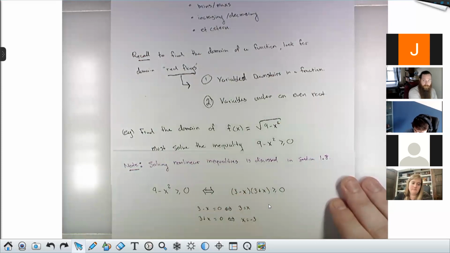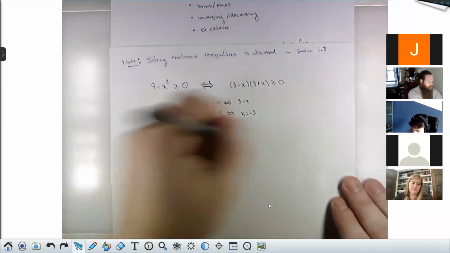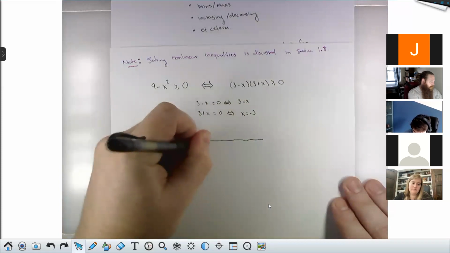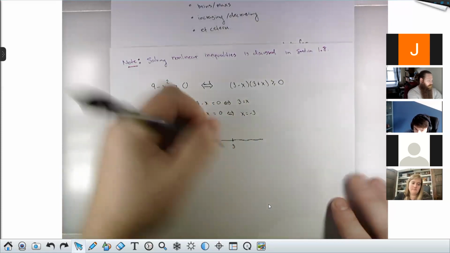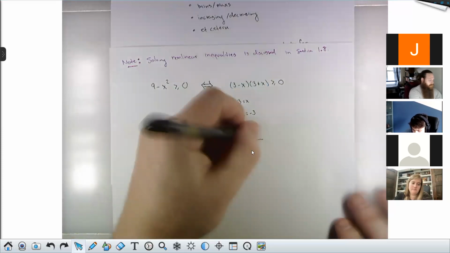Pull everything to one side, factor, and then draw a number line. On that number line, you will put the two numbers that make this thing equal to 0. So we factor to find out where this thing is equal to 0, and then we put those on the number line. So here's my number line.